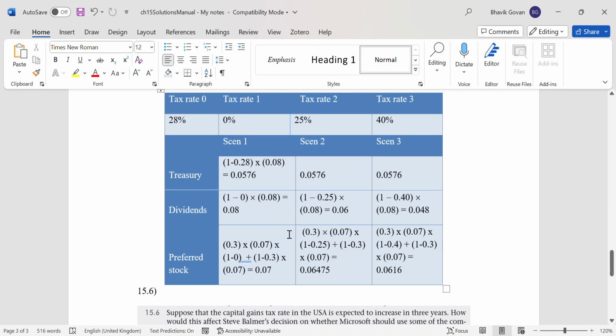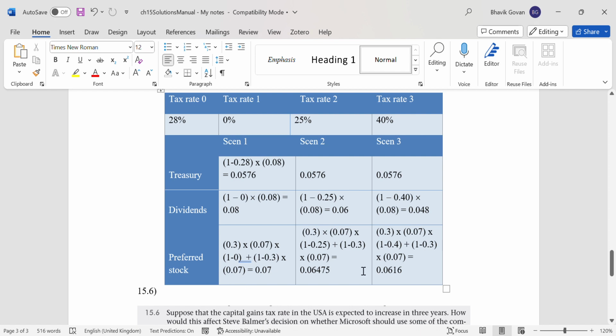So 30% of the 7% is taxed at 0% for the first tax rate, and then the remaining, 1 minus 30% times 7%, is not taxed. So that's how we get the 7%. 30% times 7%, that's taxed at 0%, plus the remaining 70% times 7%, that is not taxed.